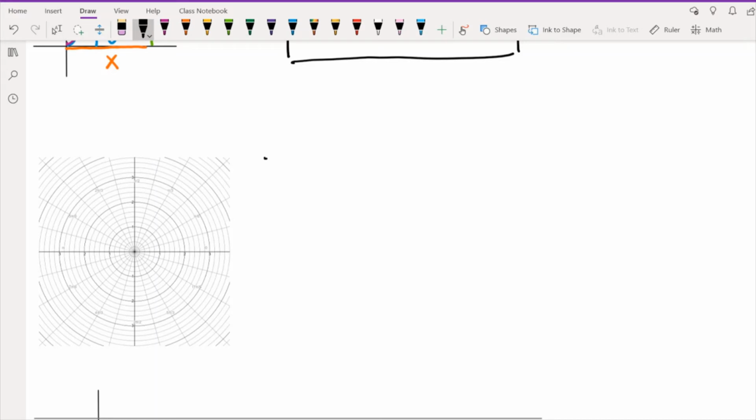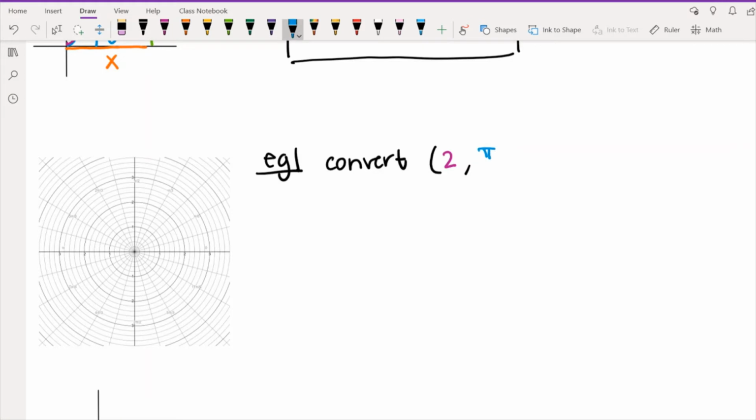So the first example we'll do is going from polar to Cartesian. So we want to convert the point 2 comma pi over 3 to Cartesian coordinates.